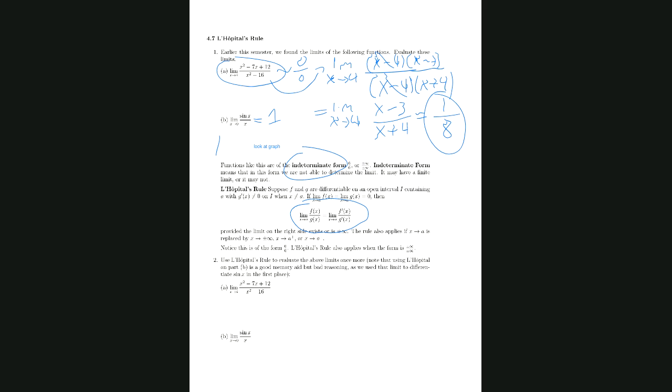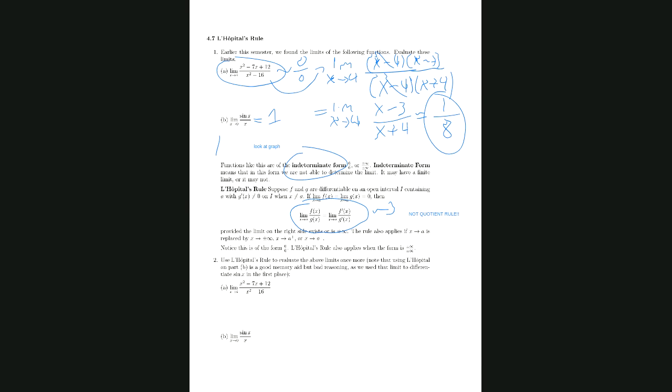Rather than evaluating the limit of the quotient, I can take the derivative of the top and the derivative of the bottom, and then evaluate it from there. All right. So note that this is not the quotient rule. Okay.